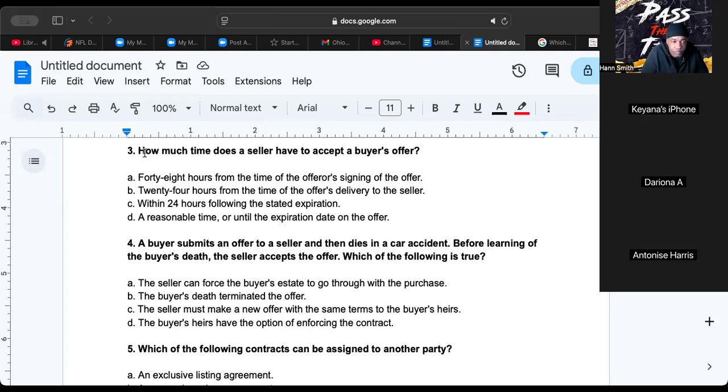Is it A, 48 hours from the time of the offeror's signature of the offer? B, 24 hours from the time of the offer's delivery to the seller? C, within 24 hours following the stated expiration? Or D, a reasonable time or until the expiration date on the offer?